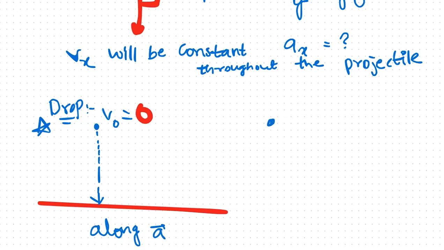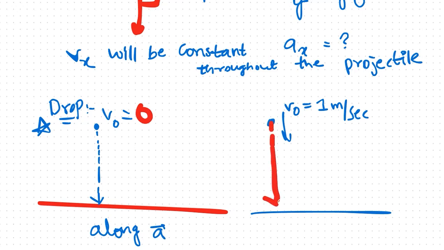But if the velocity is not 0, but still you throw it down along the acceleration, let's say 1 meter per second, what is the path? It will still be a straight line, straight down.